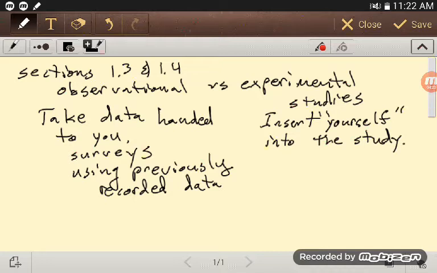So there are some studies we just really can't do as experiments. You look at the Tuskegee studies and the terrible things that we did to human beings then. Humans have been very horrible to other humans in many ways, and you don't want to promote that through a study.